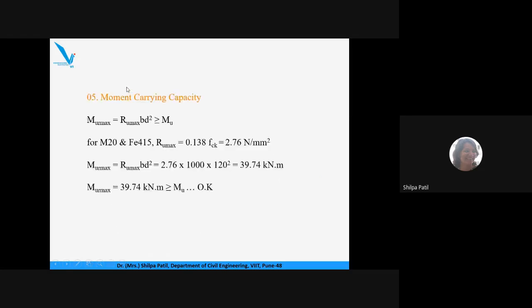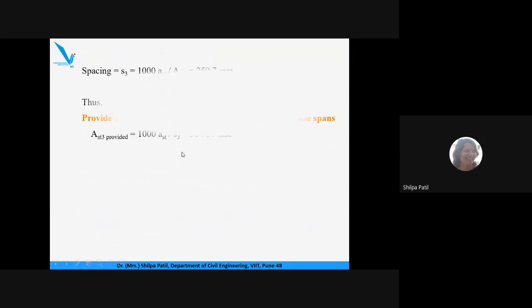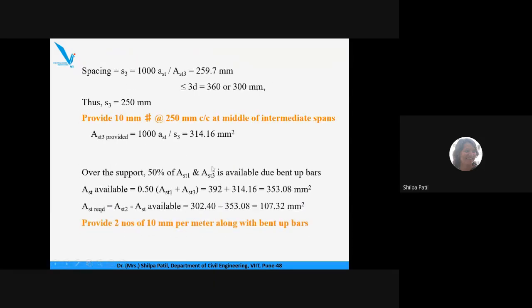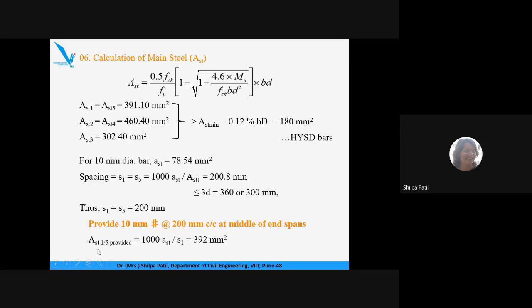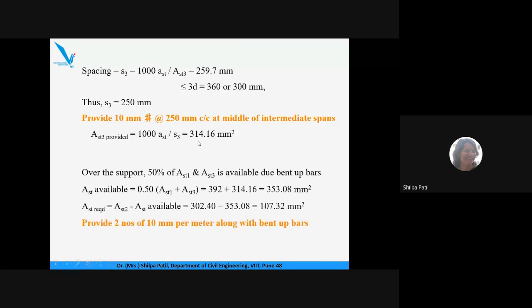So over the support, 50% of AST1 and 50% of AST3 is available due to bent-up bars. So AST available over the support is 0.5 of AST1 plus AST3. Now what is AST1? We have to consider the provided value. AST1 provided is 392 and AST3 provided is 314.16.